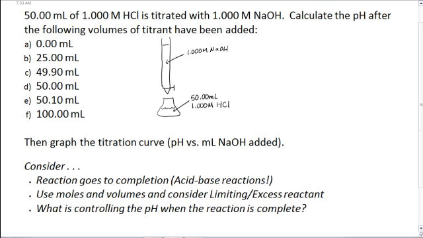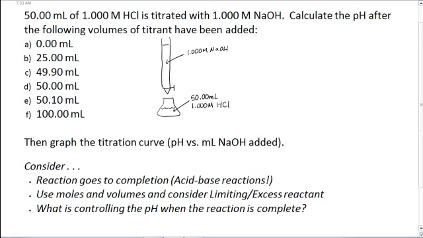I want you to compute the pH of this titration kind of along the way as it goes. So you're starting with 50 milliliters of acid, of 1 molar acid in the container. And these along the side are how much titrant, the base, sodium hydroxide you're adding. And I'm giving you the concentration of that.